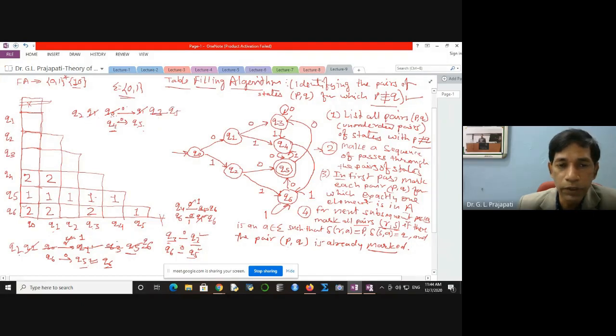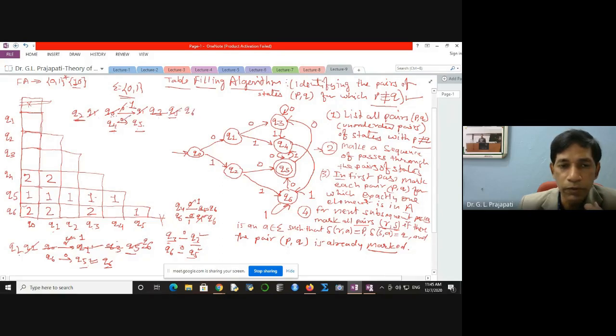From Q4 getting 0, you are again going to Q5. Q5, same pair. Now consider other inputs. If you have the 1, from Q2 getting 1, you are going to Q6.